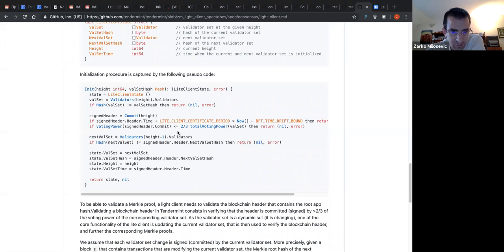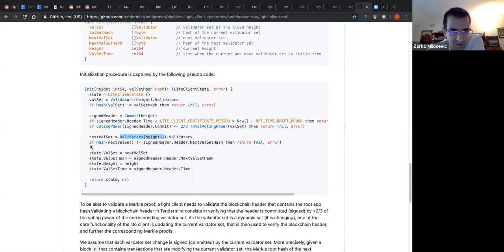At this point we can also obtain the next validator set, because this is what we have in a header. We do this by calling validators for height + 1, because right now we don't have a way, if I'm not wrong, at the Tendermint RPC level to ask for the next validator set. So this is more or less how we were doing this.